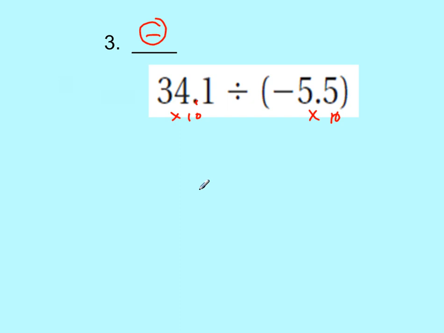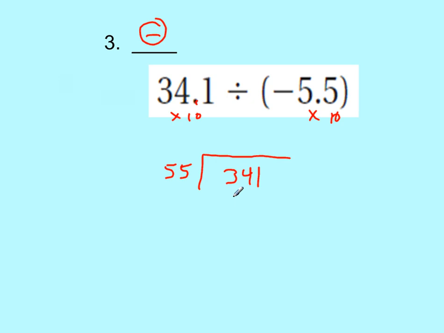So underneath our quotient sign, we're going to put 341 in as our dividend, and over here we're going to put in 55 as our divisor. So we just changed our decimal division problem into a whole number division problem.